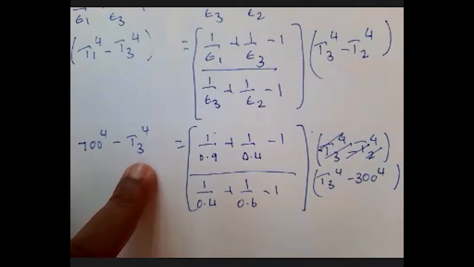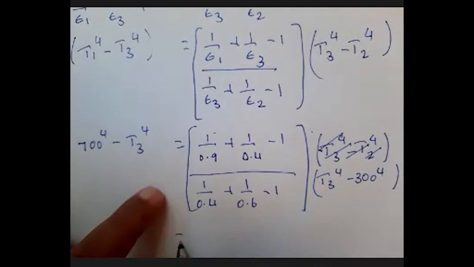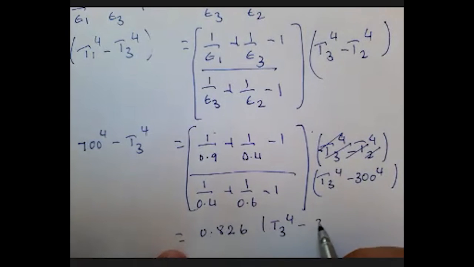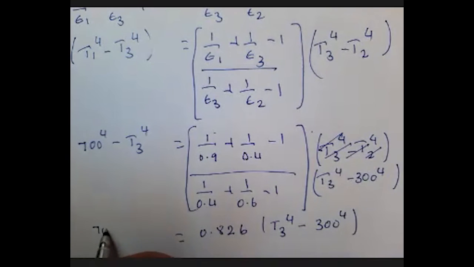So I get something around, I guess, 0.826 into T3 raised to 4 minus 300 raised to 4 is equal to 700 raised to 4 minus T3 raised to 4.